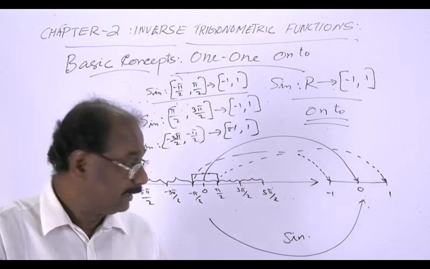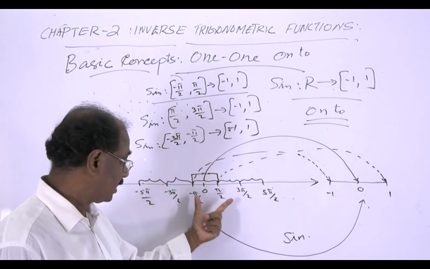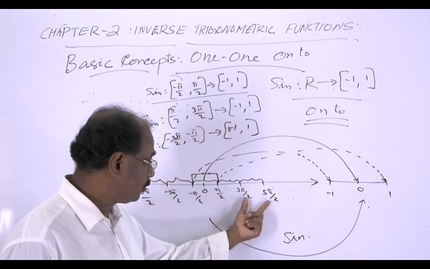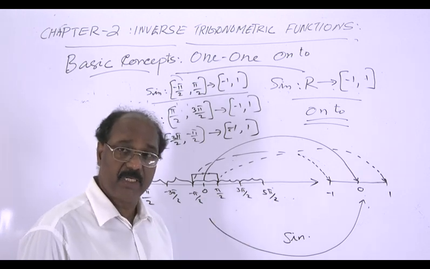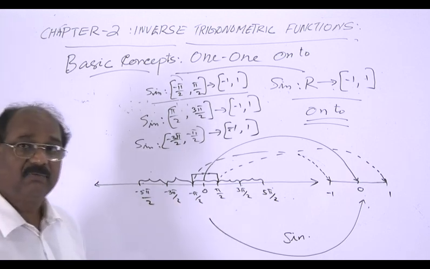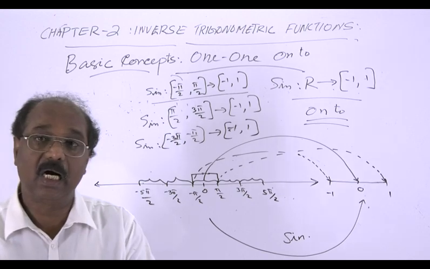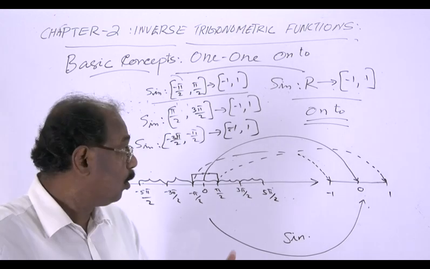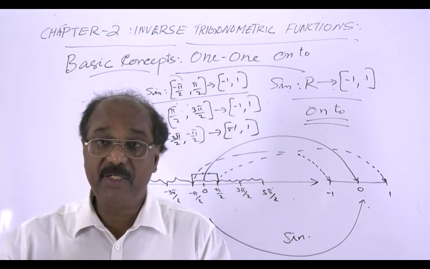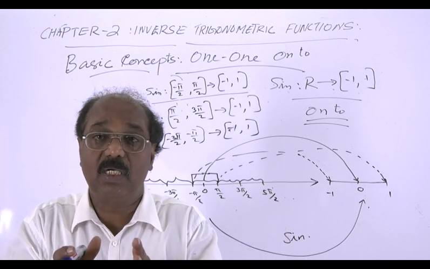So these sub-intervals, -π/2 to π/2, π/2 to 3π/2, 3π/2 to 5π/2 and so on, and towards the left similarly, are all one-one and onto. So the whole sine function defined in R can be divided into functions on sub-intervals.